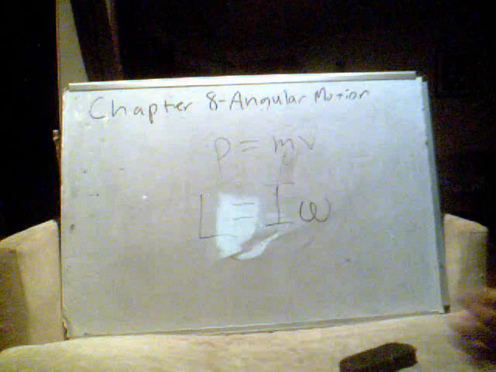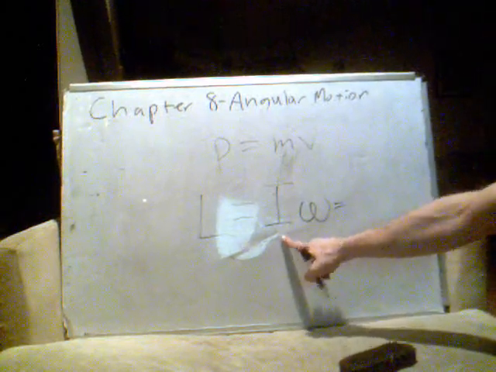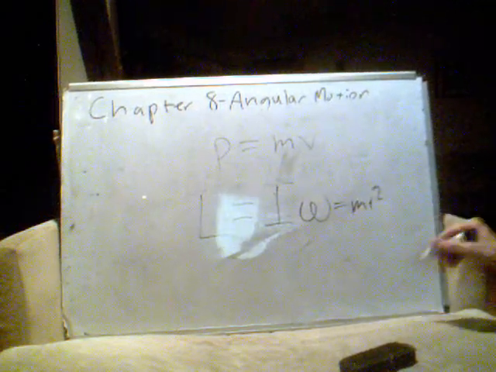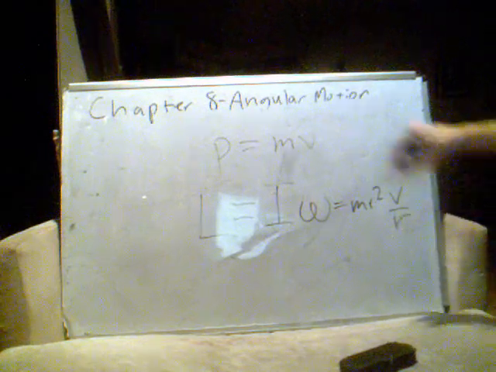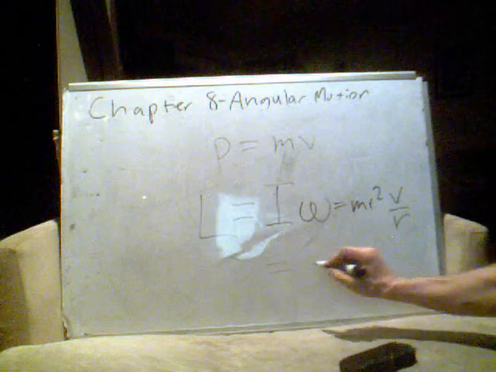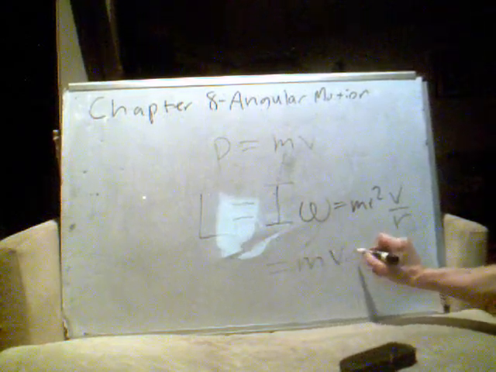Now, for a point mass, for a single mass body, the moment of inertia, we said, was mr squared. And strictly speaking, omega is your velocity divided by the radius, or the distance from your axis of rotation. And so generally we write it this way, L = mvr.